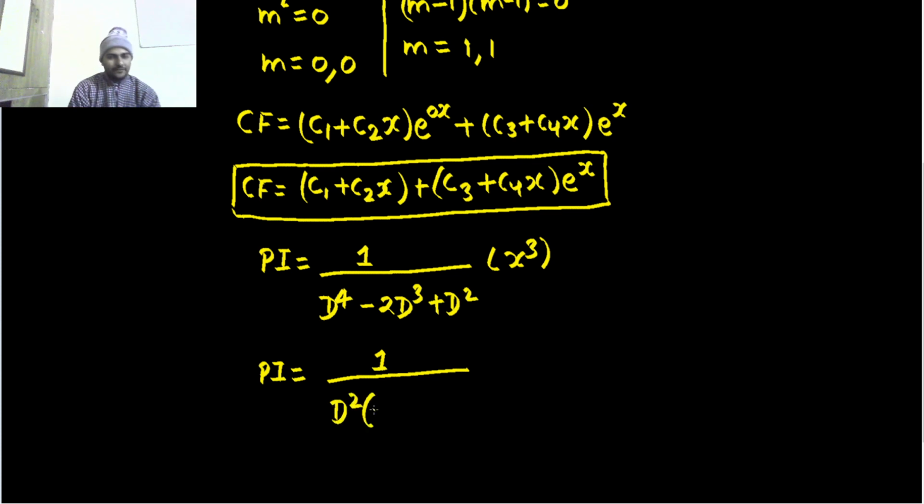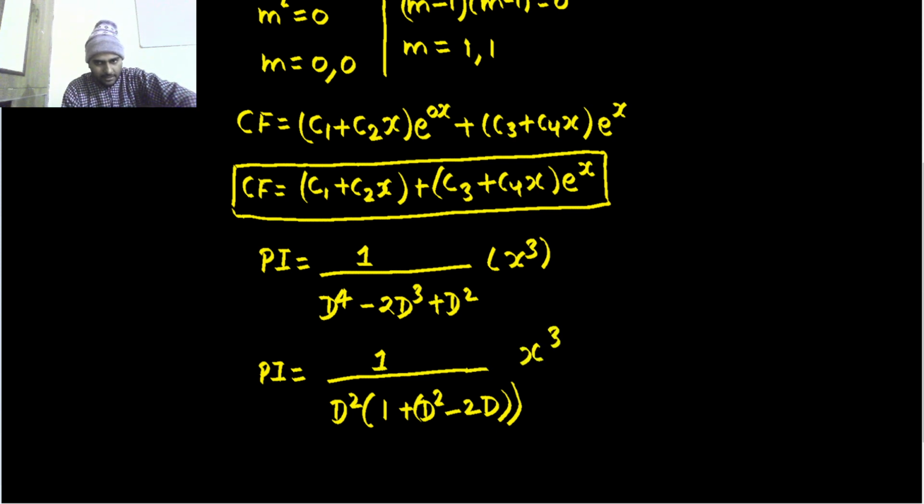What you are left with inside is, if I write it, 1 from there, and I will get D^2 - 2D as the other terms. So I took the lowest power out and I am left with this. Why did I take the lowest power out? So that I get a 1 here. And now in the next step you will realize something.